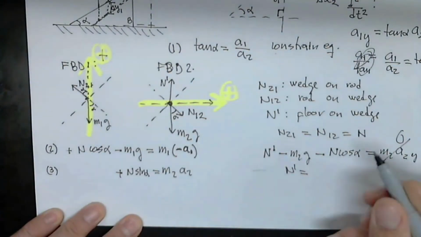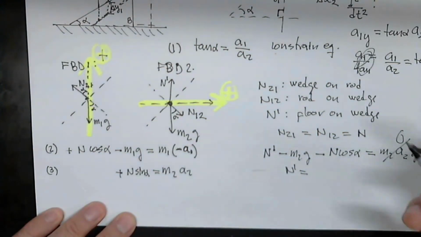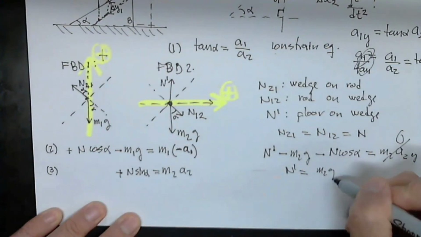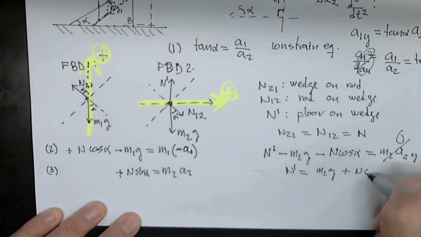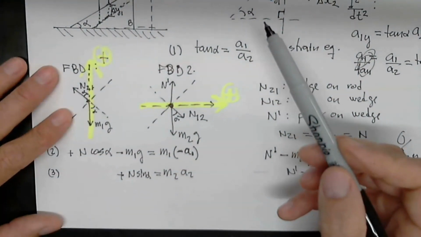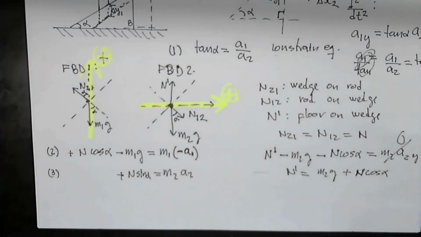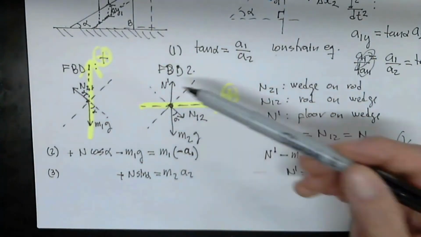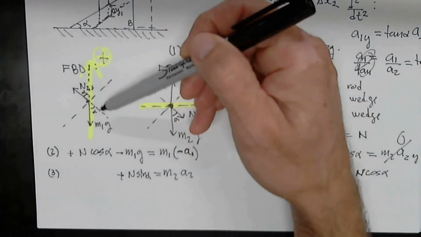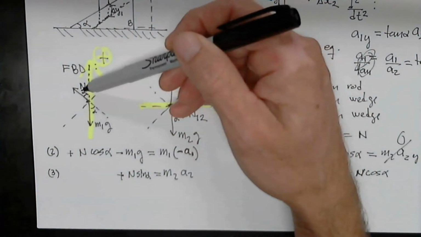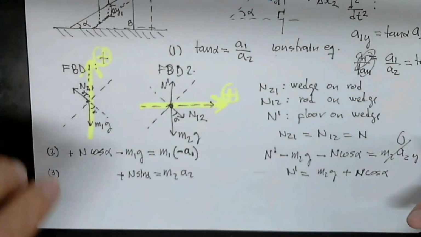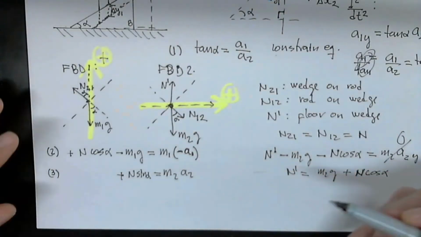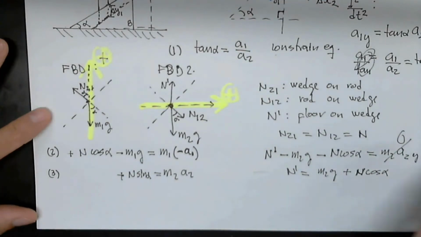So the normal force floor on wedge can be calculated using this if you know N. However, the problem is asking for the accelerations, so we are going to focus on those because that's what is being asked.